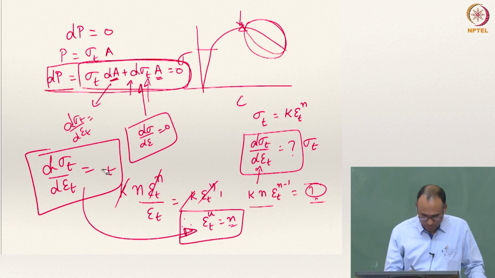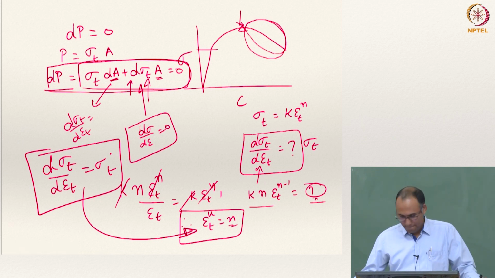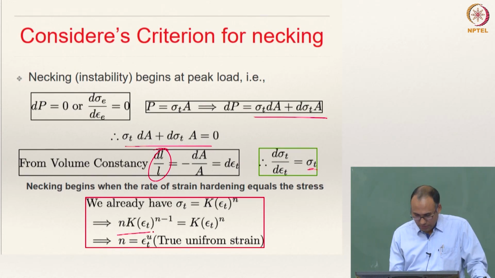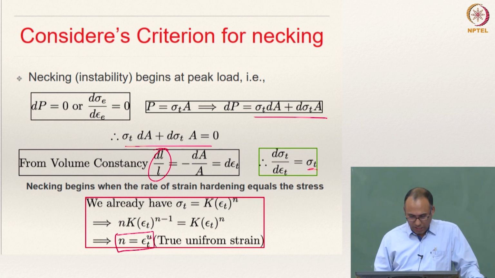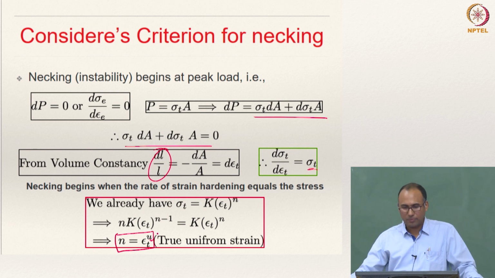Oh yeah, sorry, sigma T. I have said sigma, but I have written epsilon. Thanks. All right. So you can say that when n is equal to epsilon T u, at the ultimate point, that is where we are saying the necking begins.